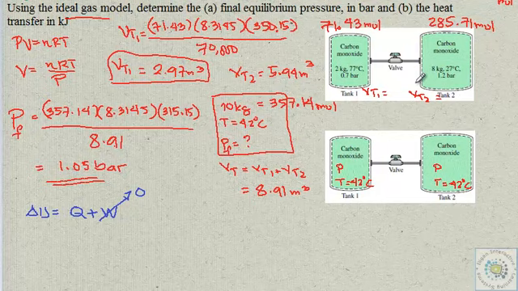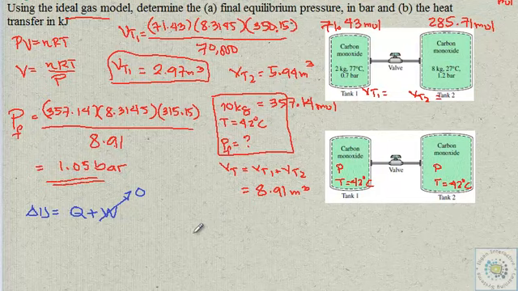In this case, the delta U will just be the change in the internal energy of your carbon dioxide, right? You can think of it as if this 2 kilograms goes from 77 to 42, and the other one from 27 to 42. Okay? And how do you solve for that?